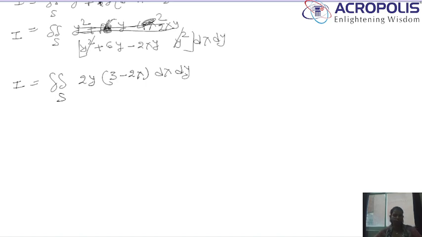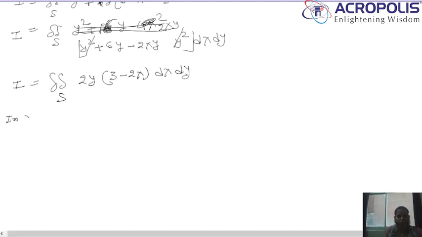Now here at last we can find the double integral over the surface lying in the xy plane. So in the xy plane z will be 0, then the equation of the surface is 2x plus y equal to 6.